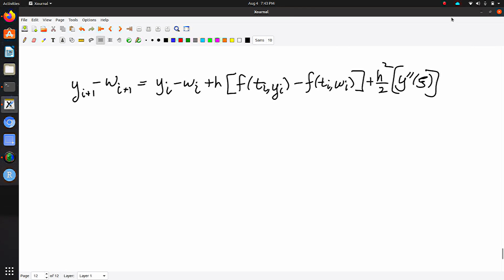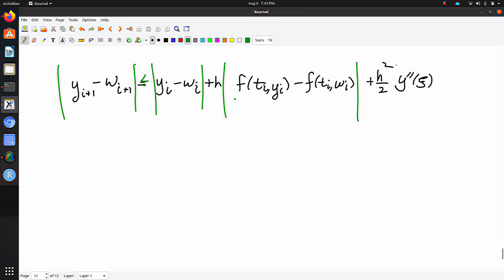Okay, so what I'm going to do is find some kind of bound on this. I'm going to turn this into a less than or equal to, because it's equal if all these are going in the same direction, and it's not necessarily going to go in the same direction, so we're just going to put a less than or equal to there, and this will make it a little bit easier to calculate, hopefully. Okay, so they could all go in the same direction.